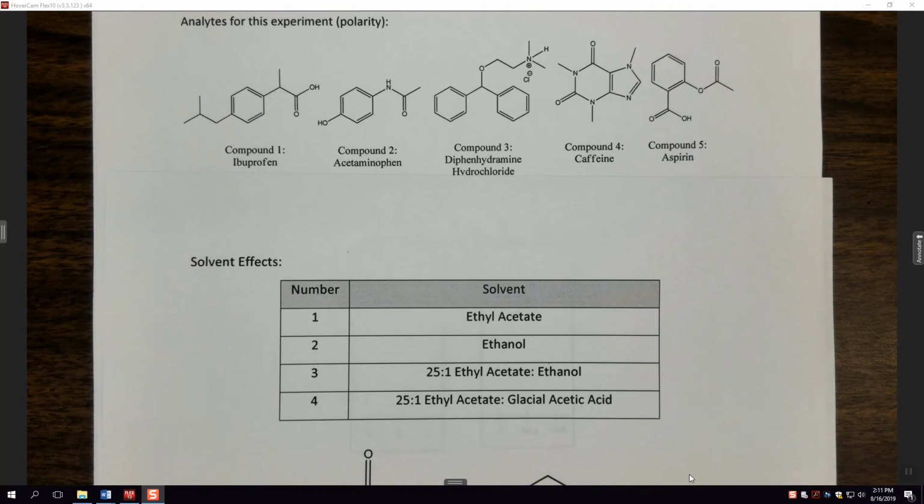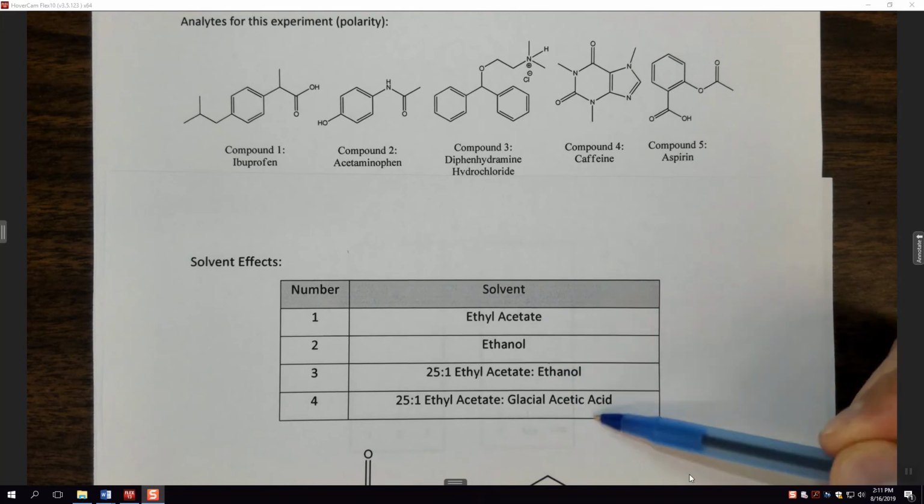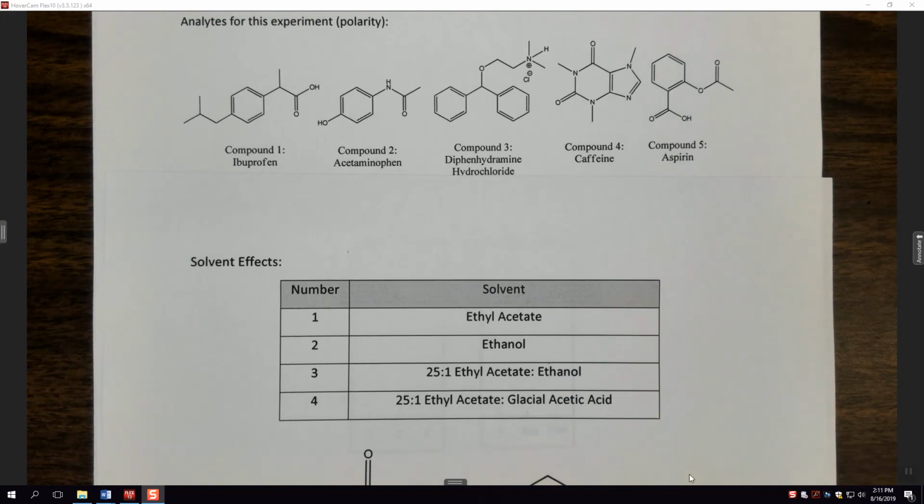Furthermore, based on your evidence that you've gathered by eluting these compounds with these 4 different mobile phases, you're going to either, one, say, hey, one of these things worked great. It separated all 4 or 5 compounds, no issues, and we should use that solvent if we have a mixture of these compounds and we want to separate them.